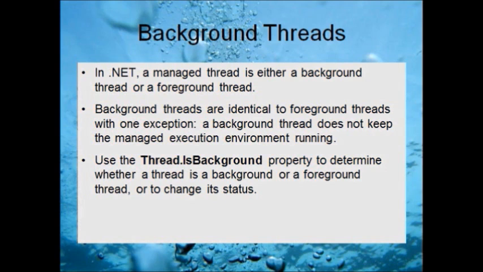Background threads are identical to foreground threads with one exception: a background thread does not keep the managed execution environment running. Use the Thread.IsBackground property to determine whether a thread is a background or a foreground thread, or to change its status.